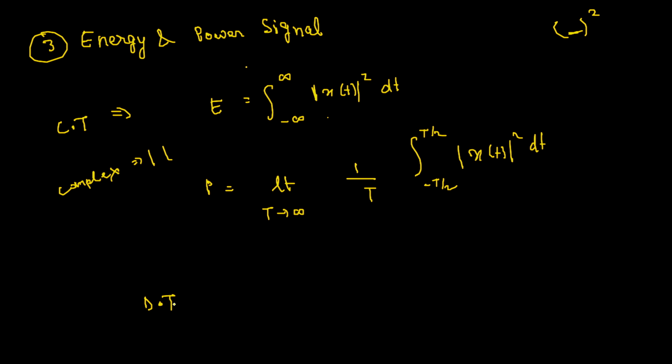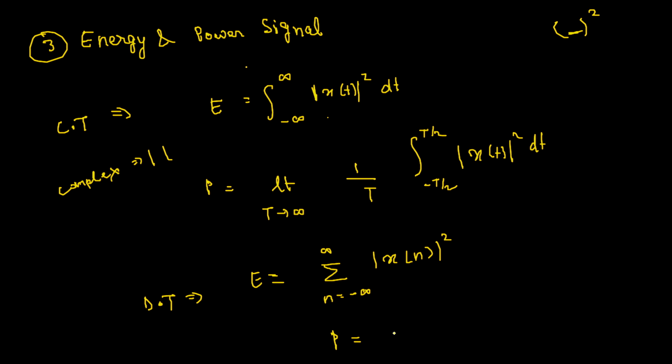And for discrete time signal, we have, see, because the continuous time signal is a continuous graph, to sum up every single value, we have to integrate it. But since this is a discrete time graph where we have to add only particular values, we'll be using summation of n equal to minus infinity of mod x of n square.